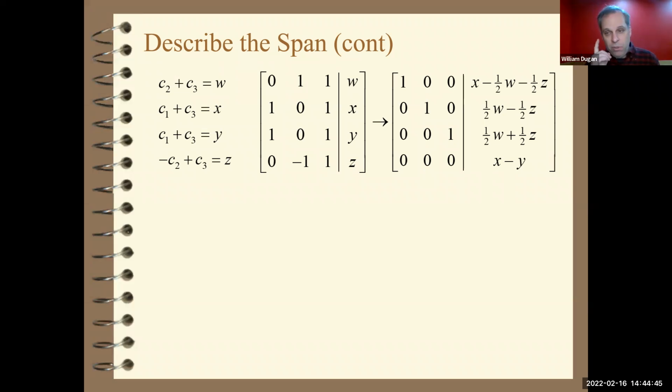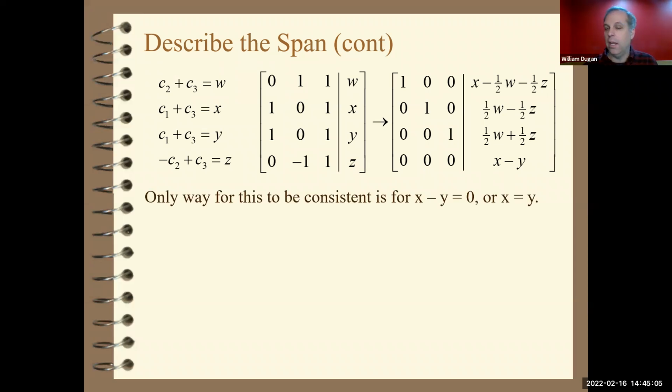But if the system is consistent, that means in the last row, X minus Y has got to be 0. Because if X minus Y is not 0, there would have to be a leading entry in the very last column, and that's not allowed. So since I know it's consistent, that forces X minus Y to equal 0.